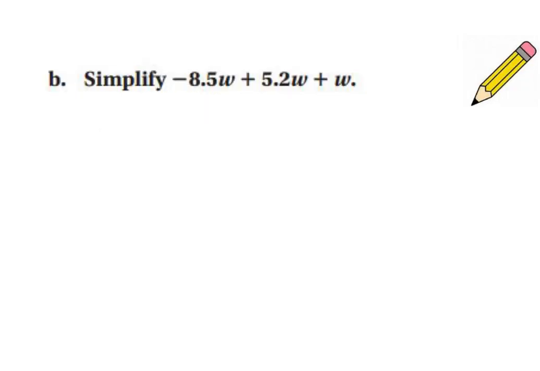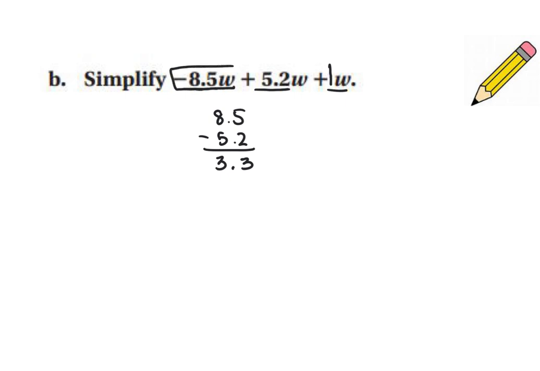For example B, we once again have all like terms, negative 8.5, positive 5.2, and just W, which is 1W. So we'll do negative 8.5 plus 5.2 first. 8.5 minus 5.2 is going to give us a difference of 3.3.